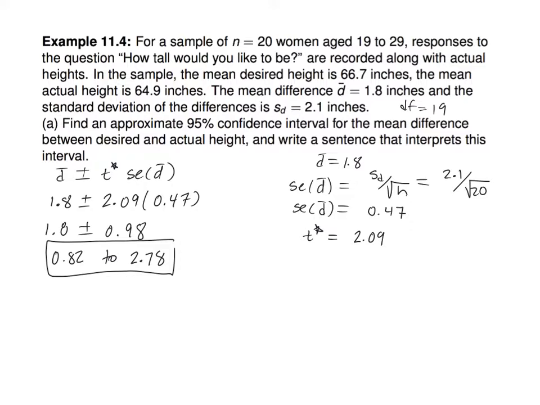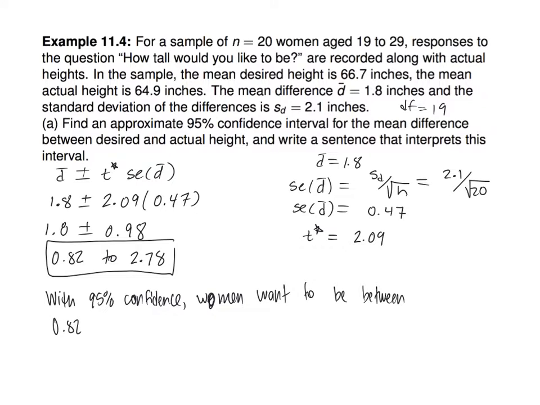Okay, and a quick sentence to interpret that. State your confidence level: with 95% confidence, women want to be between 0.82 and 2.78 inches taller than their actual heights on average.